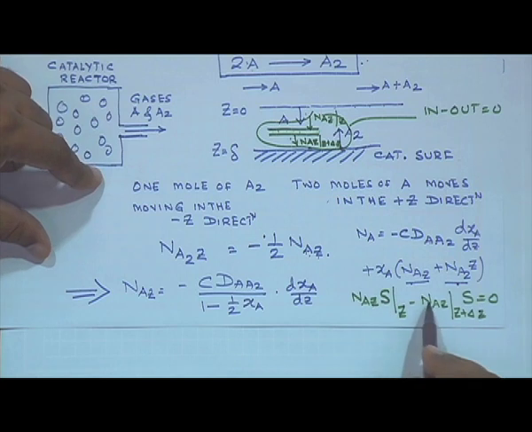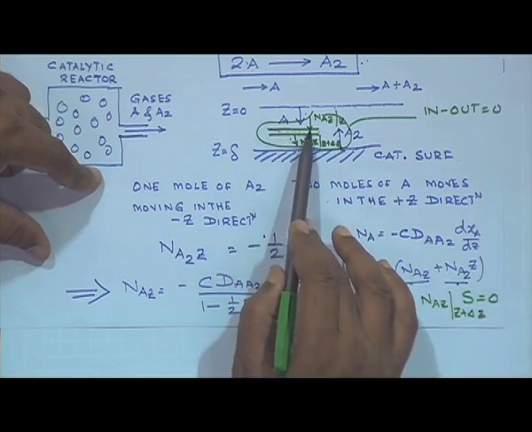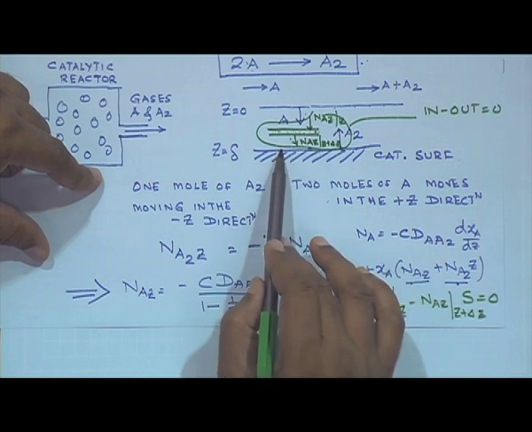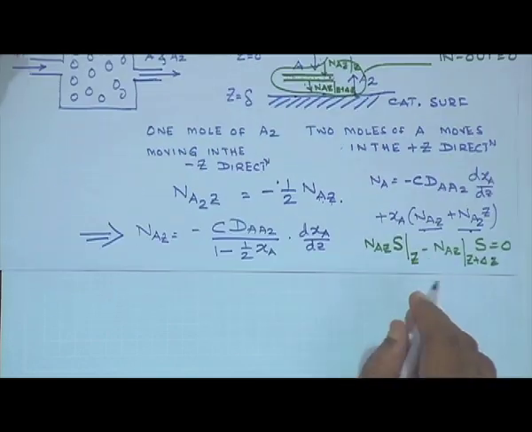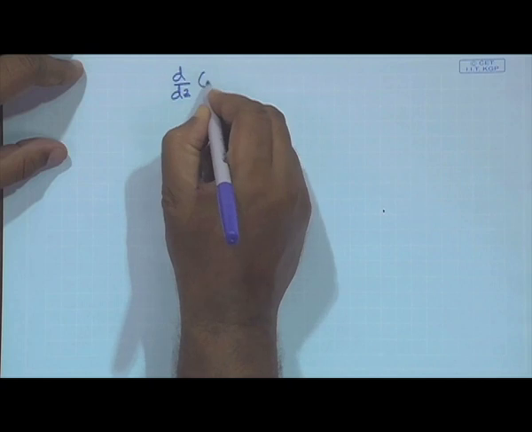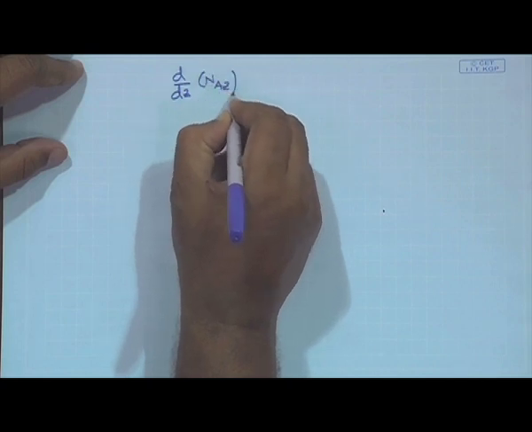So, in minus out is equal to 0, since no reaction is taking place in here; reaction is only taking place on the catalyst. So, you can divide both sides by delta z, and the governing equation out of this would simply be d/dz of N_A,z is equal to 0.